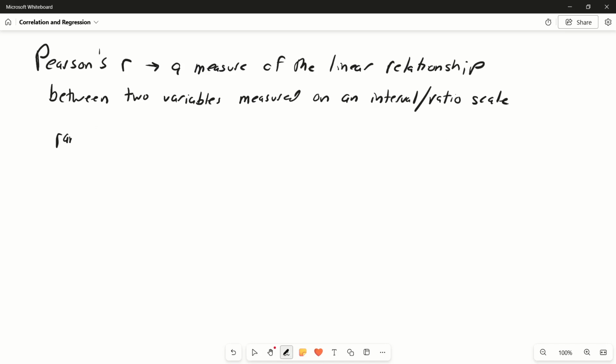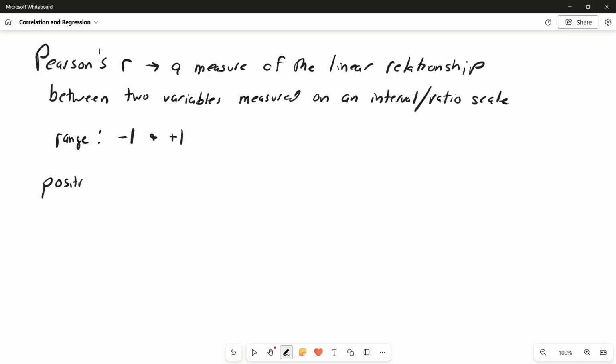And the range of Pearson R is between -1 and +1 inclusive. -1 is called a perfect negative correlation, and +1 is a perfect positive correlation. And so the direction of the correlation basically influences the interpretation, right?